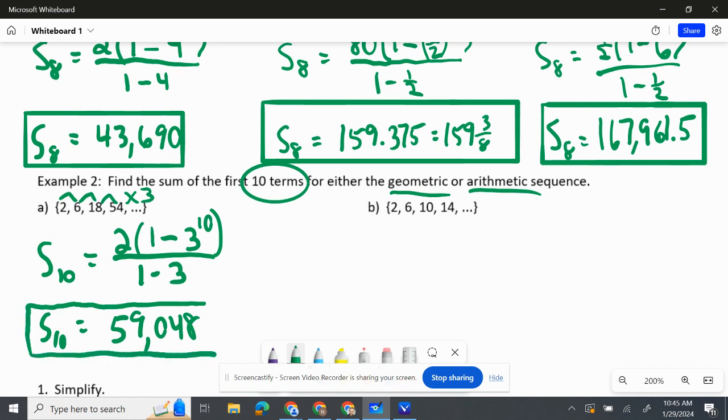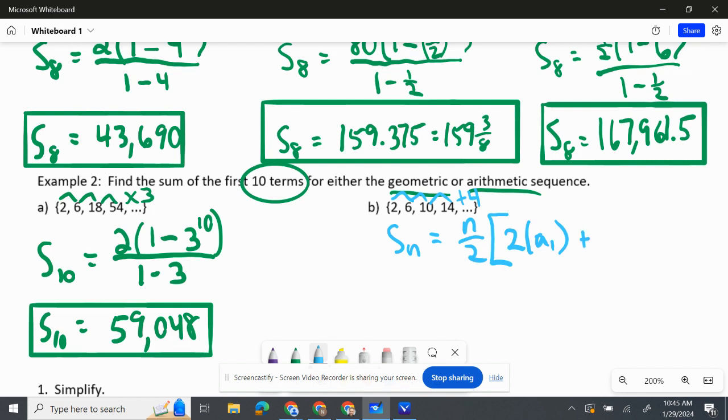Now, if we look at the next one, notice that it's a little bit different. Instead of multiplying, it looks the same, but what we're noticing is that we're adding 4. So what we have to do is remember the sum formula for an arithmetic, and it's been a little while since we've done this, so I'm just going to write it right here.